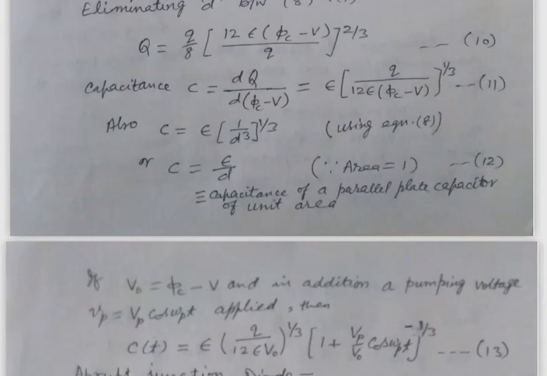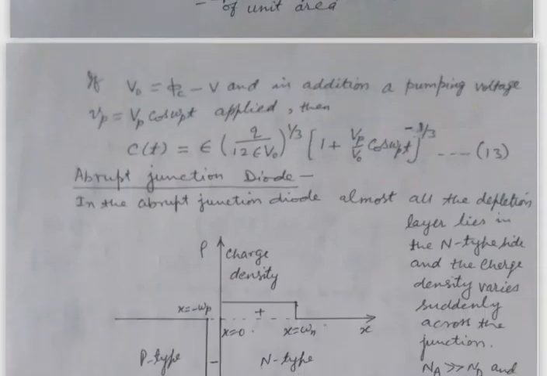After simplification, this comes out to be C in the form of C(t) given by equation number 13. This shows that the junction capacitance is a non-linear function of time and varies with time. So this is the variable capacitance.